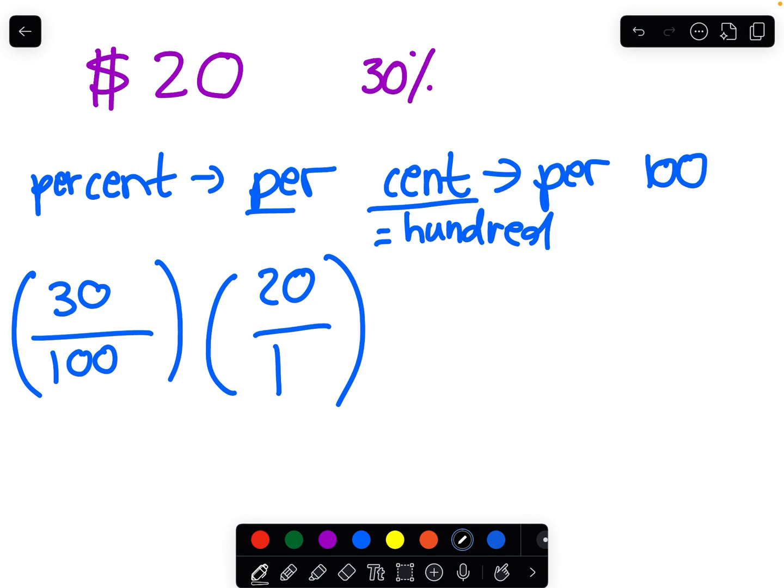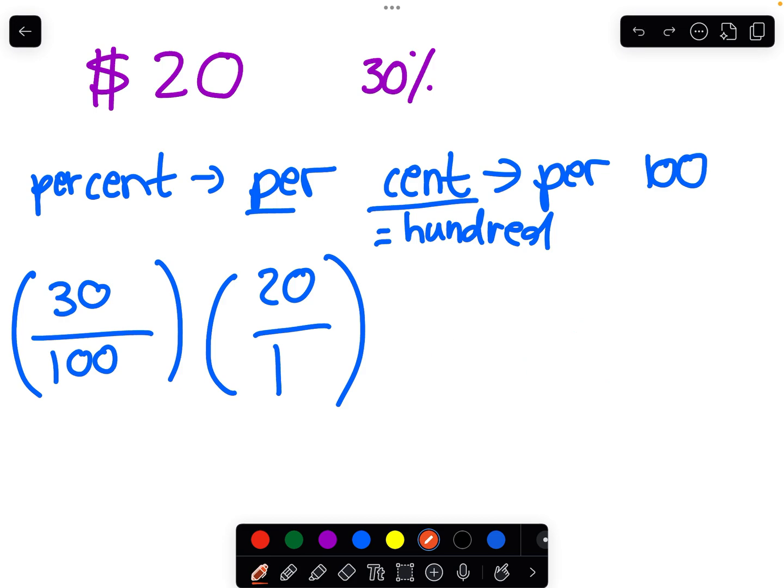So we've got 30 out of 100 times 20 over 1. I think it's easier to turn it into a fraction like this. I use parentheses here because parentheses next to each other mean to multiply.